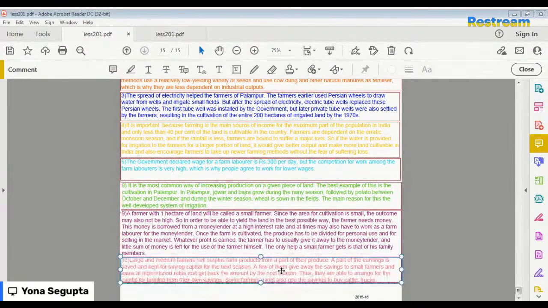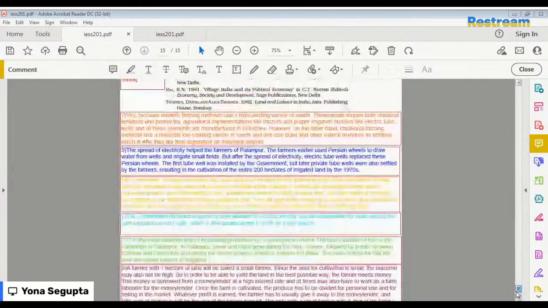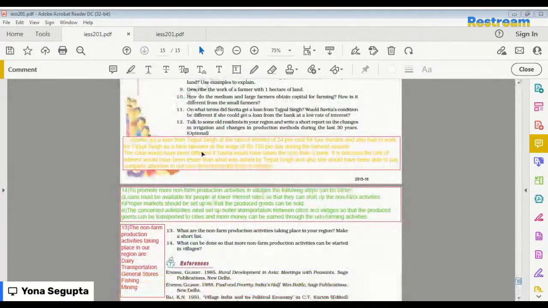Then you can see number 9, then 10. Now number 11 is written here, you can see this yellow part, the Savita and Tejpal Singh's story. Okay, number 12 is to talk with some old residents. This is an optional question.